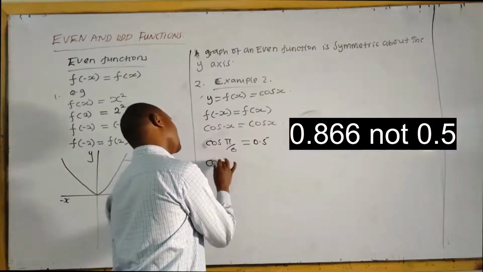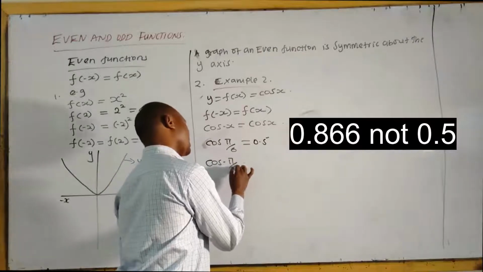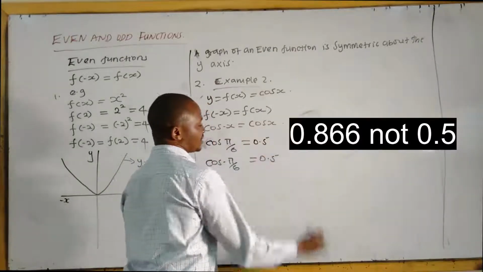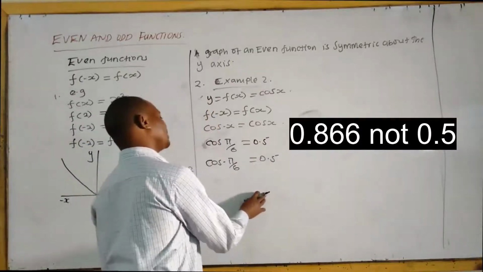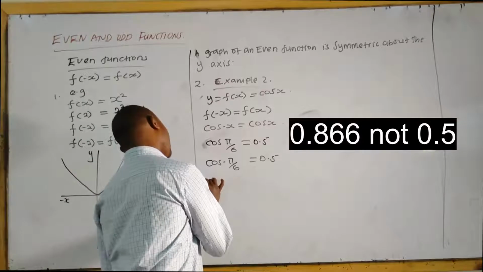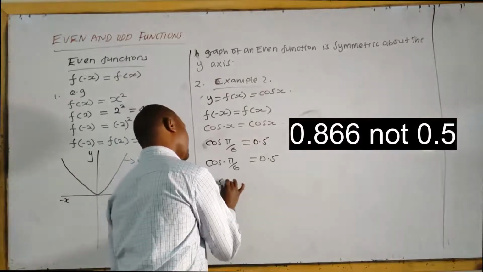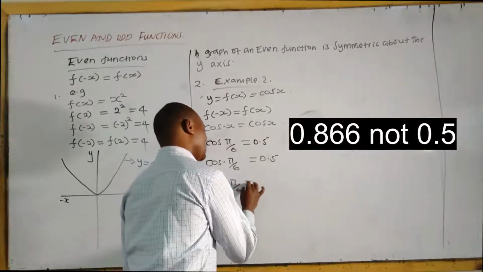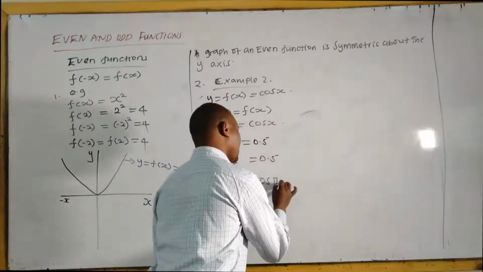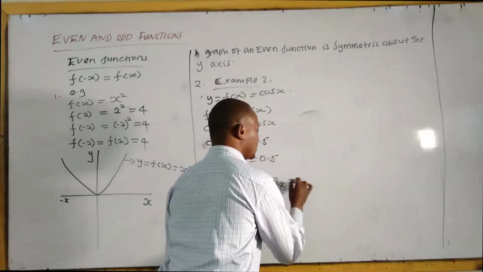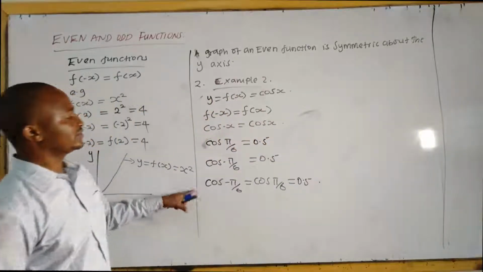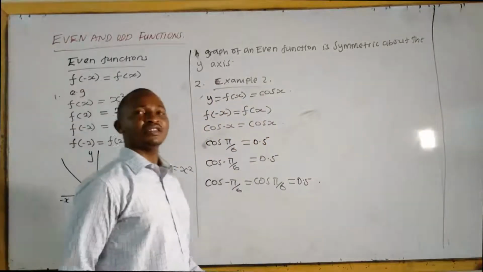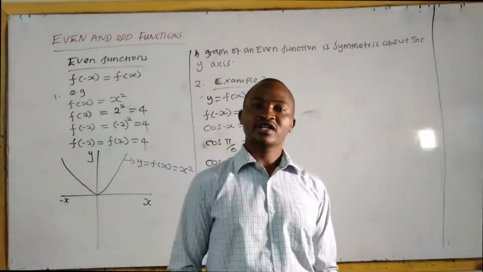Cosine of negative pi over 6 again is equal to 0.5. Therefore, you can see cosine of negative pi over 6 is equal to cosine of pi over 6, which is equal to 0.5. Cosine is therefore an even function.